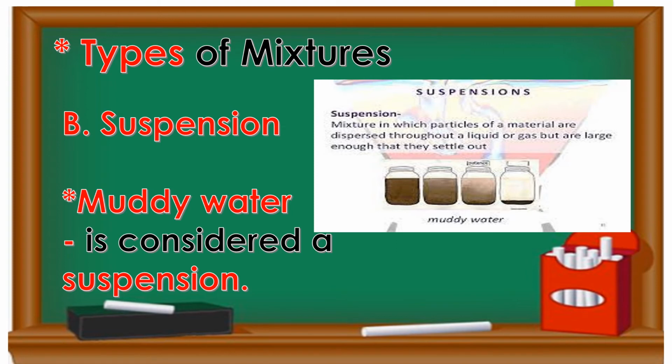You can see clearly that at the bottom part of your container, the mud will go there, and at the upper portion is your water. So the water will be here, and this one is what you call your mud. So that's why muddy water is considered a suspension.